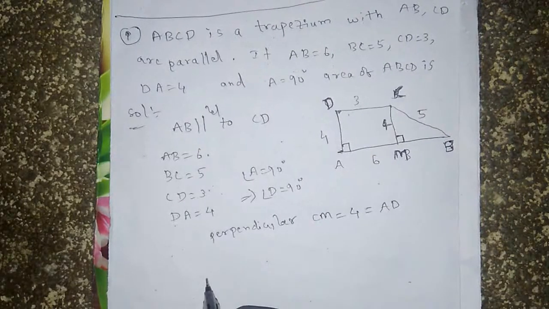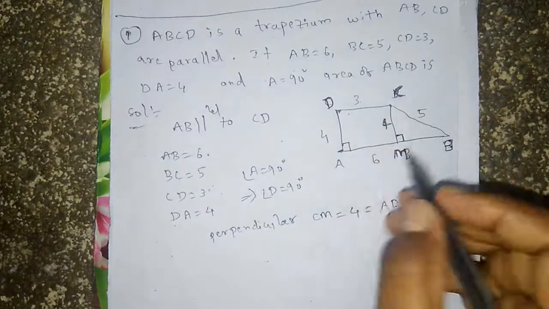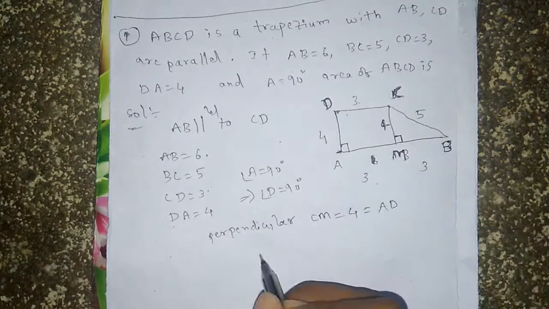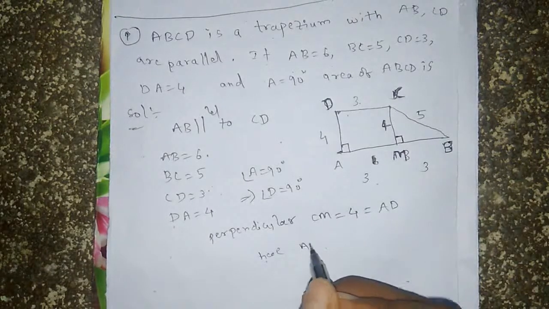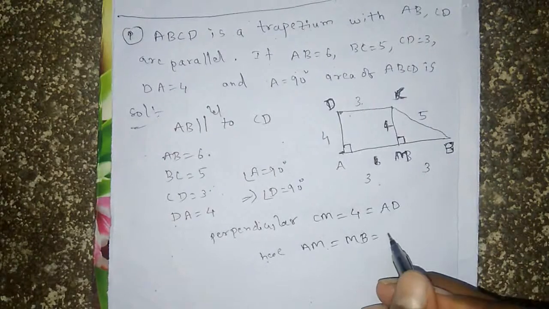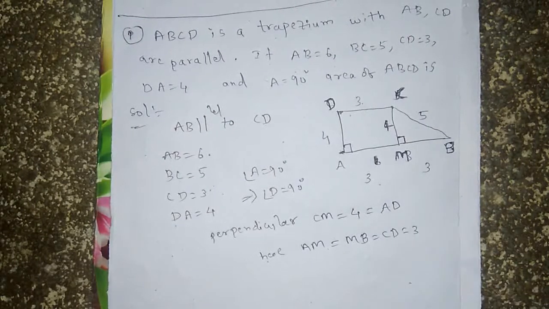Here the area is, so this is 3, implies this is 3 and this is 3, totally 6. Here AM is equal to MB is equal to CD is equal to 3, all are 3, parallel and perpendicular.